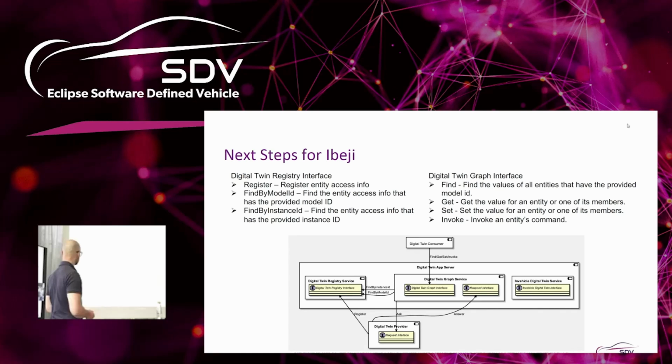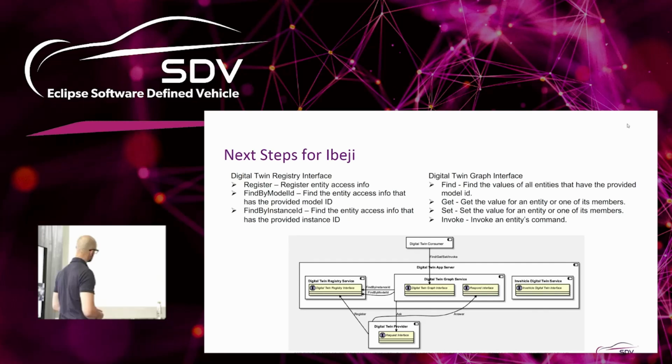There are 4 operations that the consumer gets to use, and the facade is meant to provide a graph-like representation of all the digital twins that you can navigate. You can traverse the graph, examine it, modify properties, and execute or invoke operations on the digital twins.